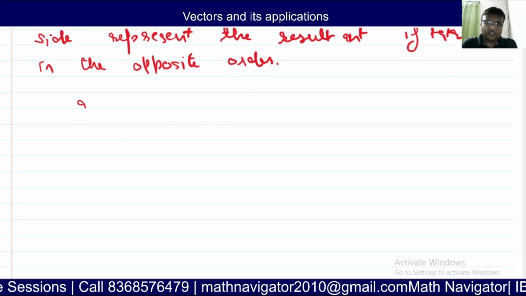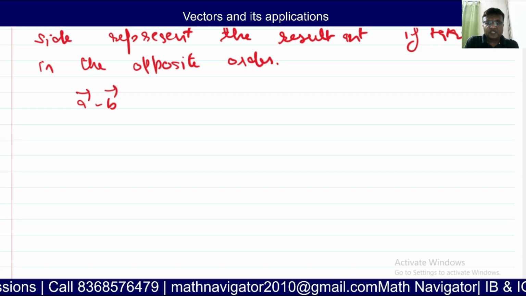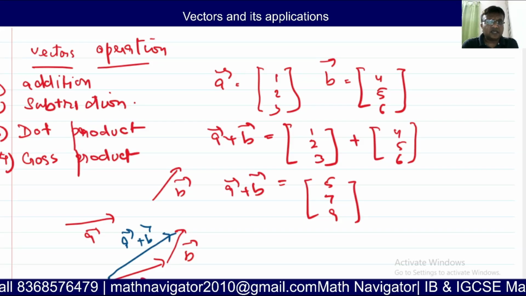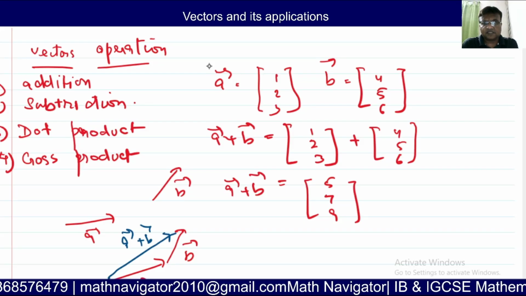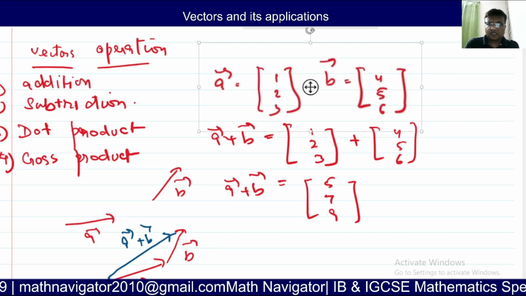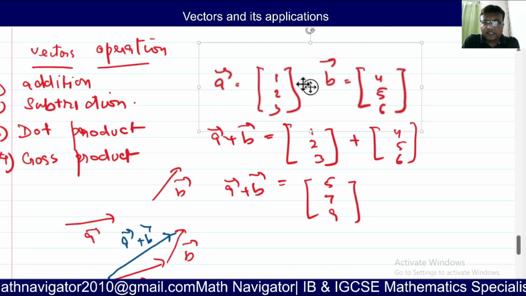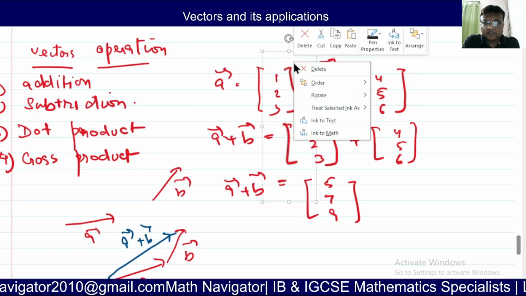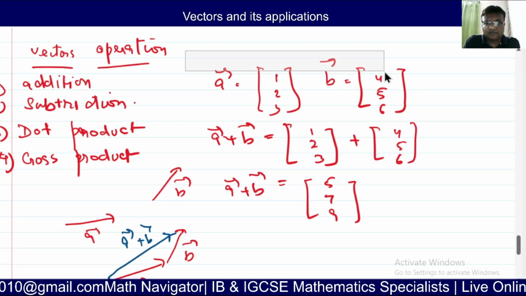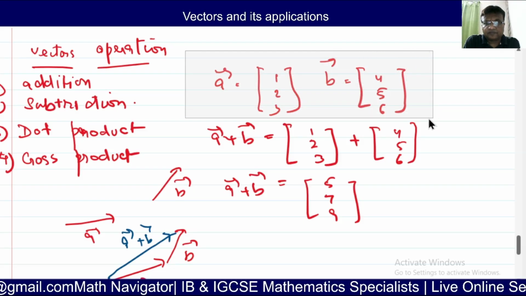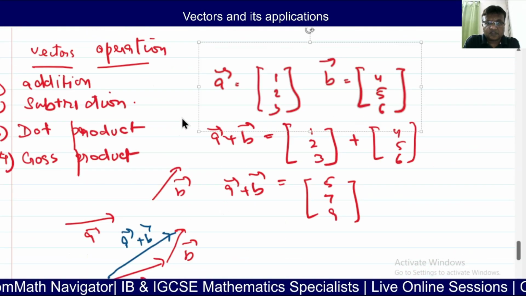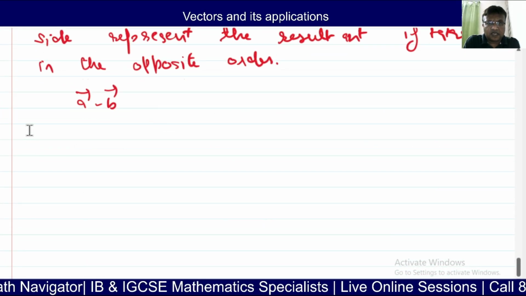Next, we'll do vector A minus vector B. So if I'm doing vector A minus vector B, these are my vectors. Let's take them from here, right? And put it here.